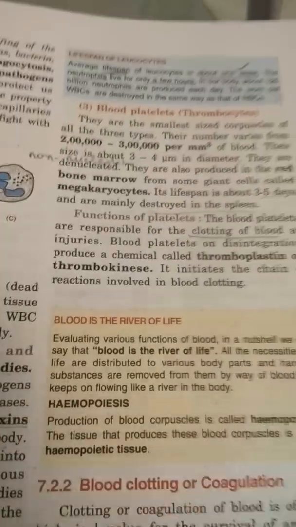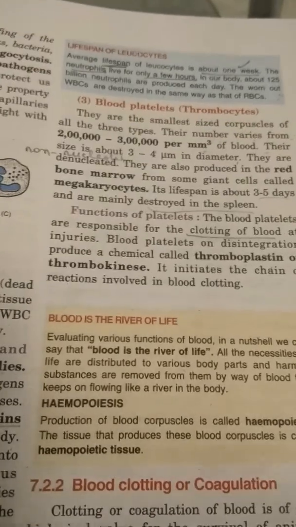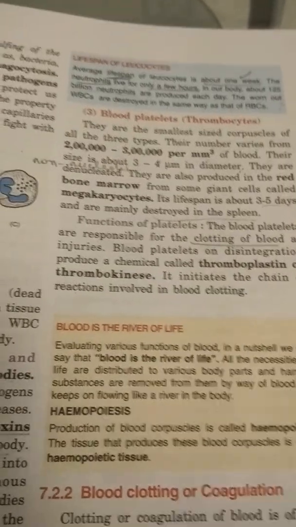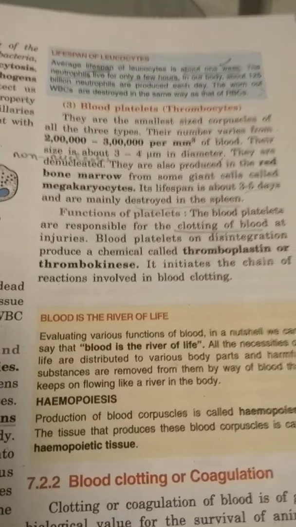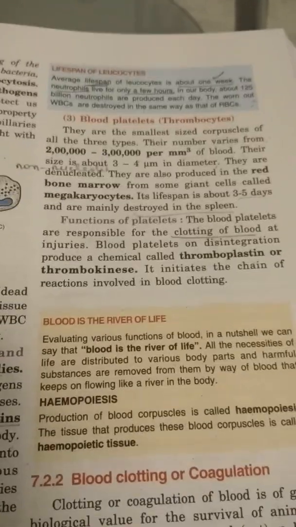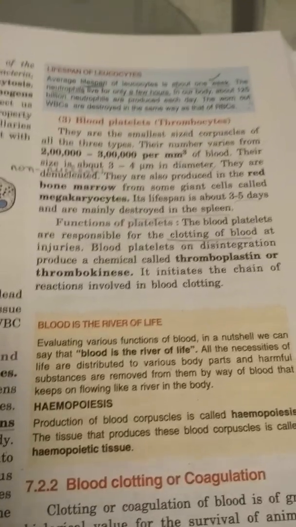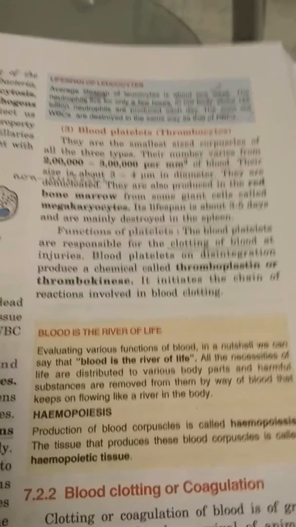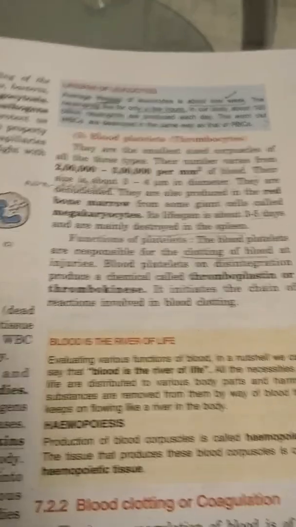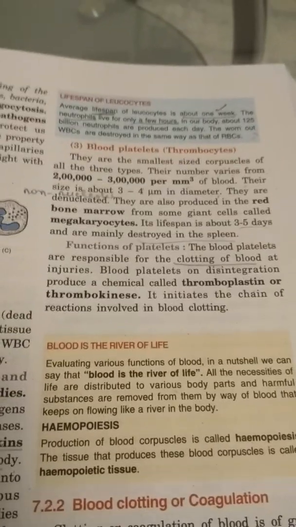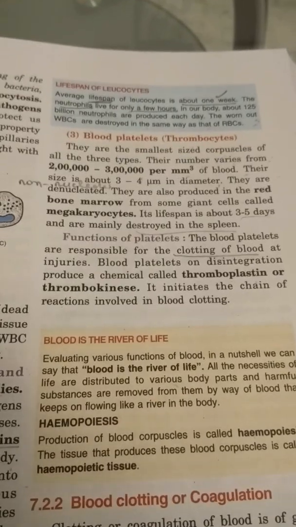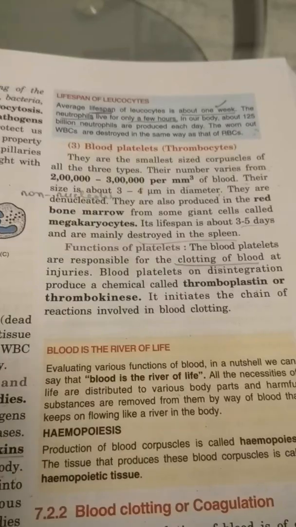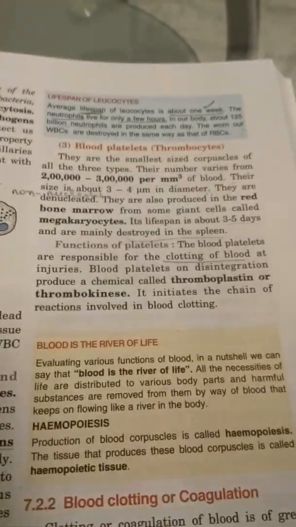The hollow cavity of the long bones has a spongy connective tissue called bone marrow. That connective tissue has some giant shaped cells, big in size, called megakaryocytes.